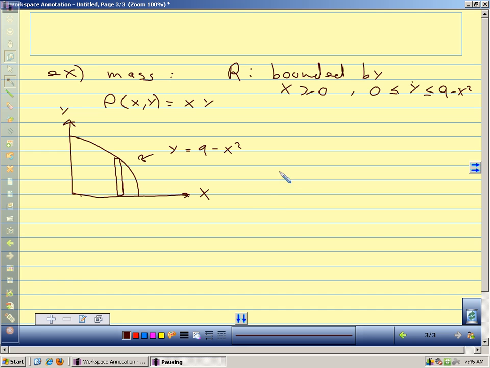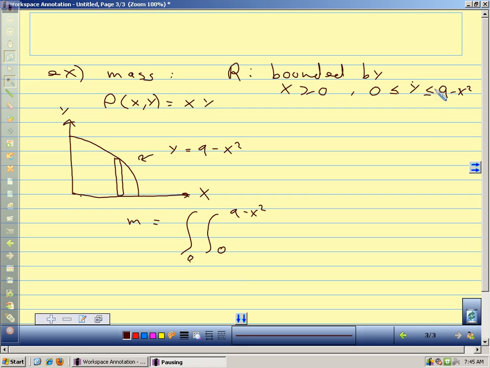So our mass is going to be our integral, y equals 0 to 9 minus x squared, x equals 0 to 3. Shouldn't we get rid of 9 minus x squared? That's not a circle.